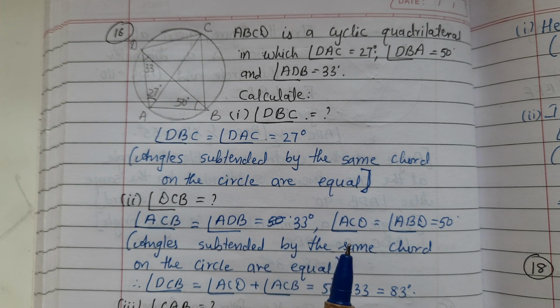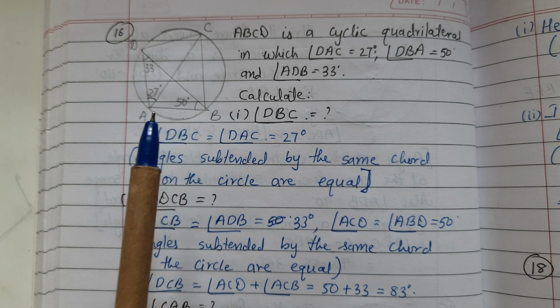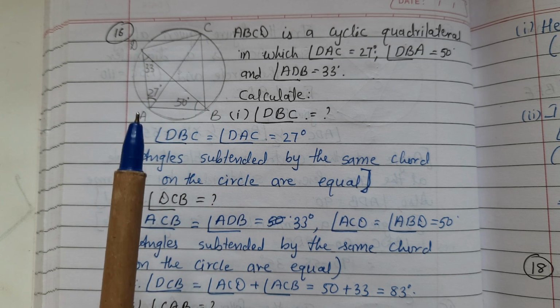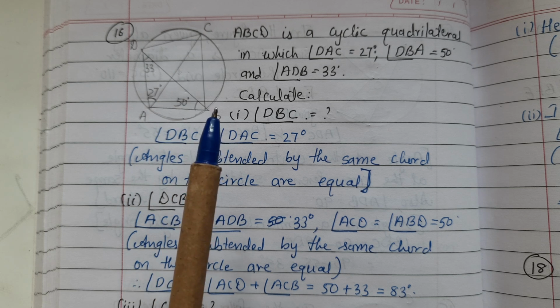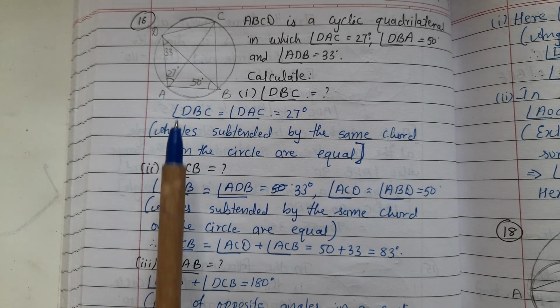Angles subtended by the same chord of the circle are equal. Therefore, angle DCB is equal to angle ACD plus angle ACB, which is equal to 50 degree plus 33 degree equal to 83 degrees.